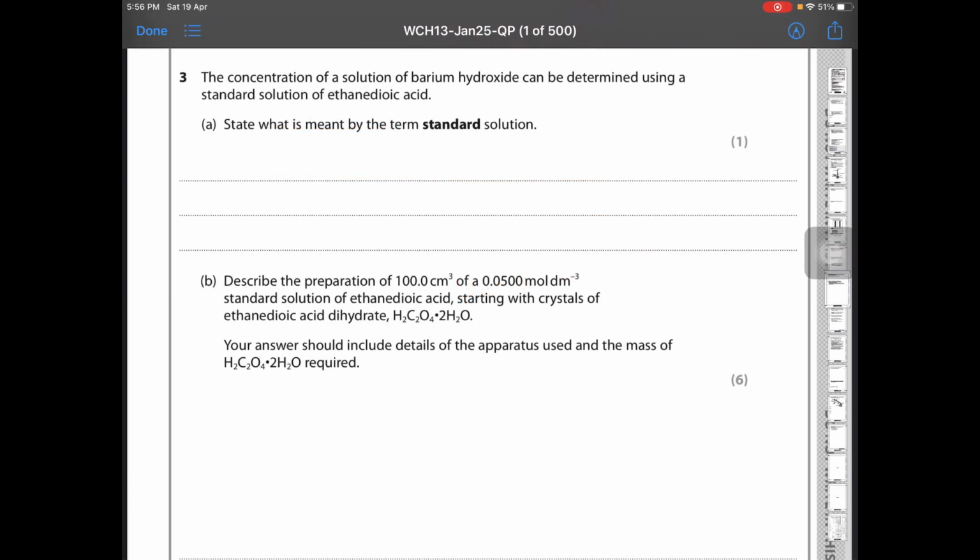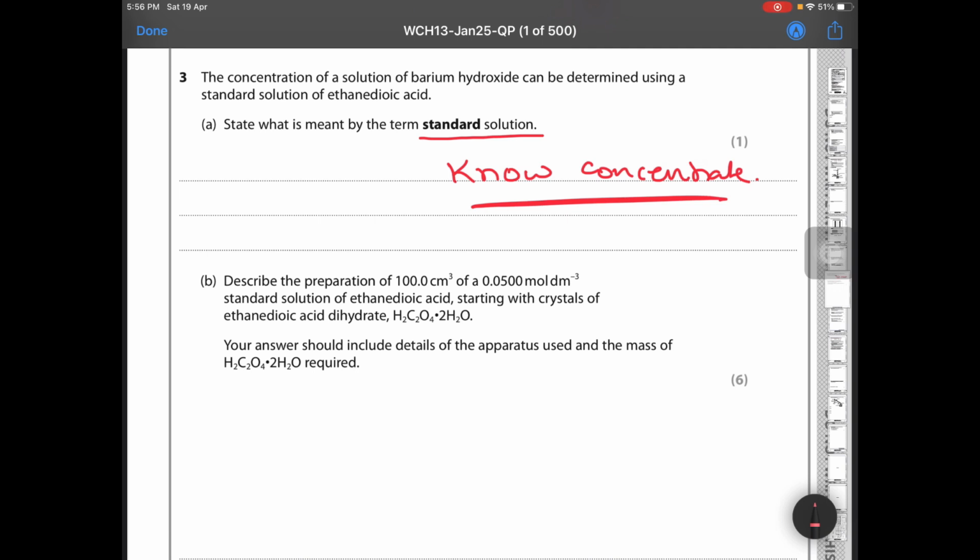Okay, question 3. State what is meant by the term standard solution. A standard solution is a solution which is made by using a known mass of a substance, where the concentration is known. I'll just give an example.